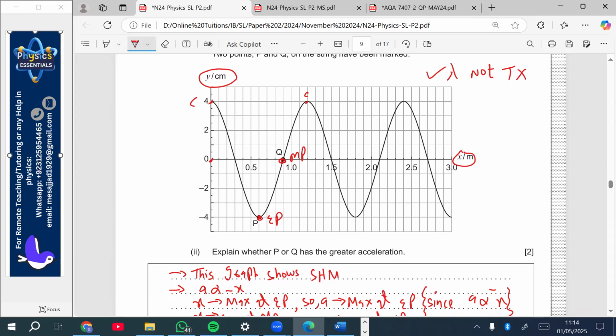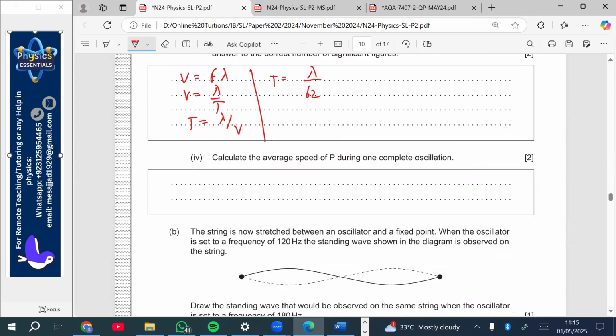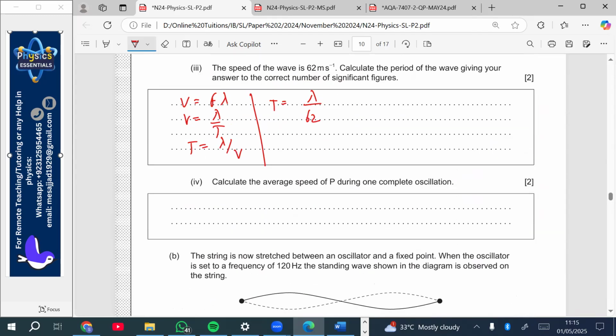Just let me confirm it. This is one, and this is 1.2, 1.4, 1.6, 1.8. So this is 1.2. So 1.2 meters.